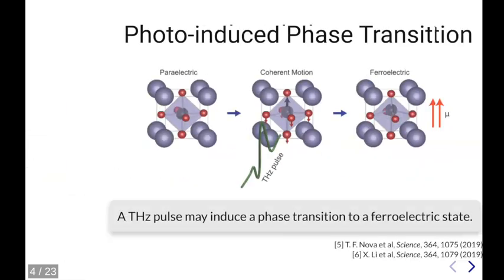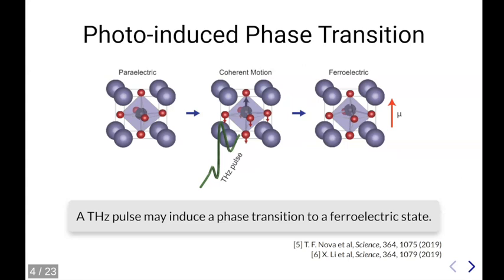However, it has been shown in two different independent experiments in 2019 that if we take this paraelectric phase of strontium titanate and shine a very strong terahertz pulse on it, it induces a coherent motion, which results in the breaking of the inversion symmetry and the generation of a ferroelectric phase, which is metastable in time, lasting up to a few tens of picoseconds in one of these studies that we will analyze today.